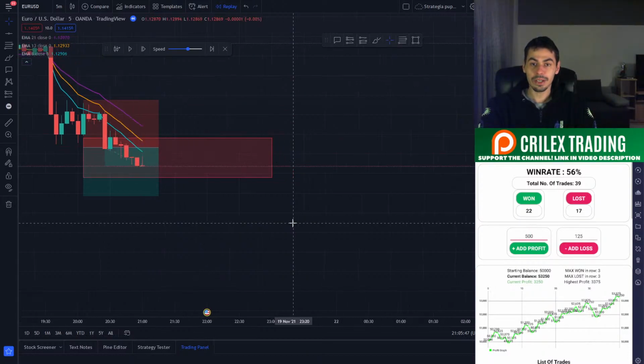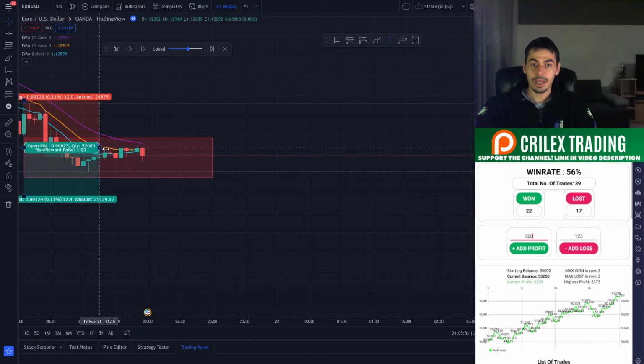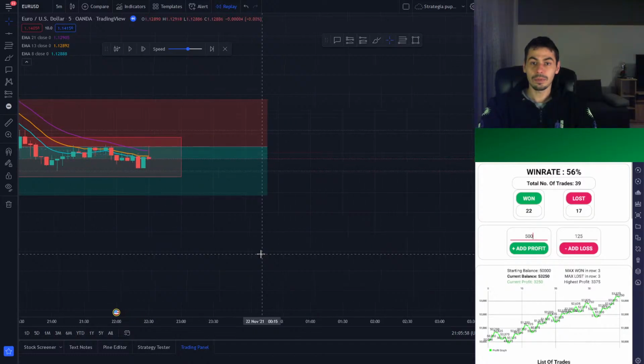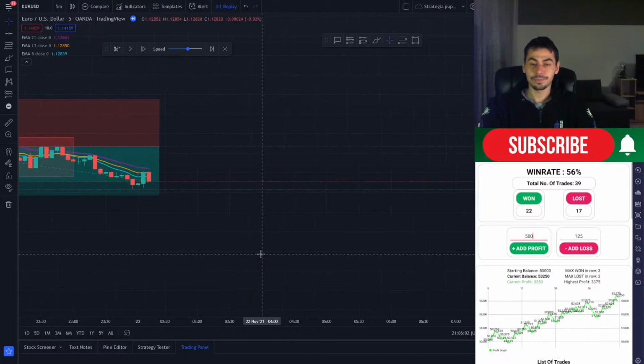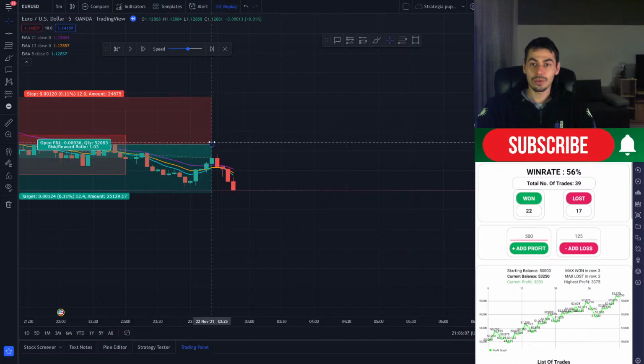We get triggered into the position, and as we are going past 2200 p.m. local time, as you can see, the liquidity drops, and there's nothing much we can do for this position.